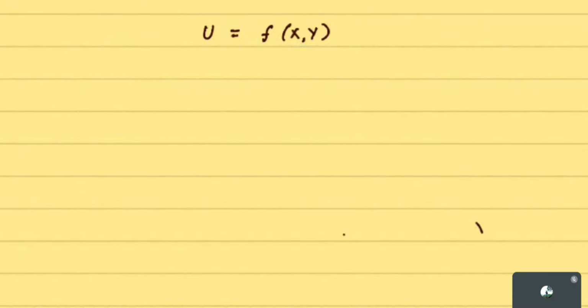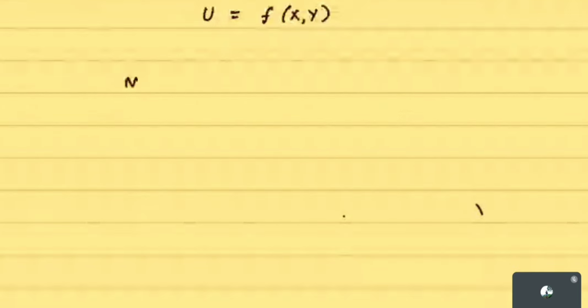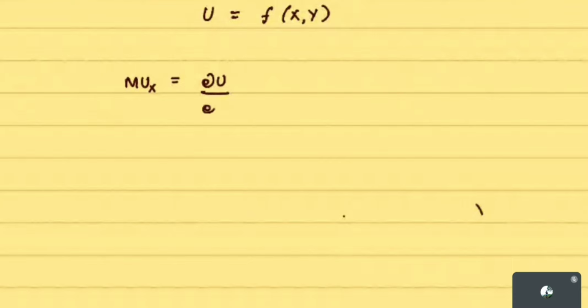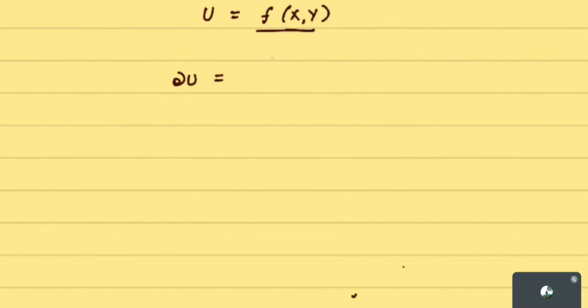Now, marginal utility with respect to X is the partial derivative of utility with respect to X. First, let's see how they are related. We have to take the total derivative of the whole function u. So it will be du, the derivative with respect to x and with respect to y, because we are taking the total derivative.